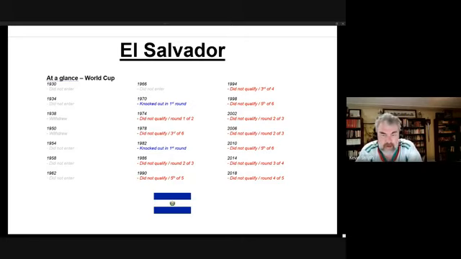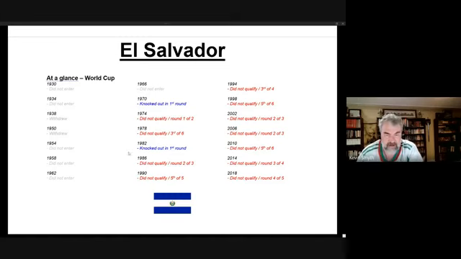They were also reportedly invited to the 1950 World Cup in Brazil, but they withdrew. Then they didn't enter until 1970, but they have participated consistently after that.